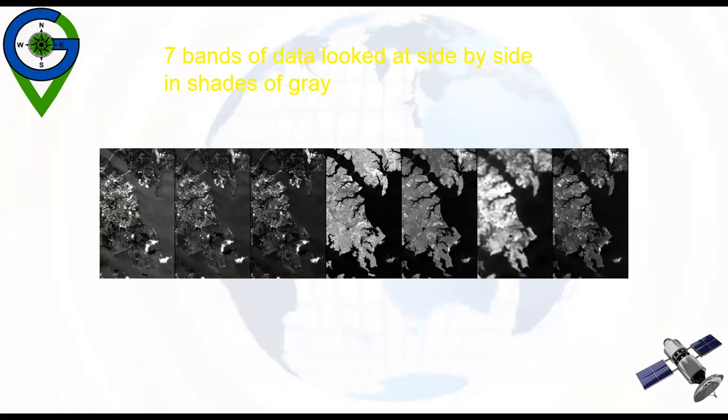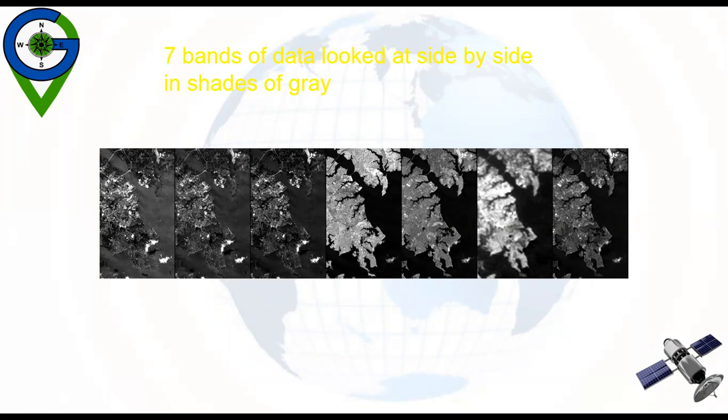You can see the 7 bands of data. The information is different in the different images of the same area. The area is the same, but the information that is extracted from the image will be different.